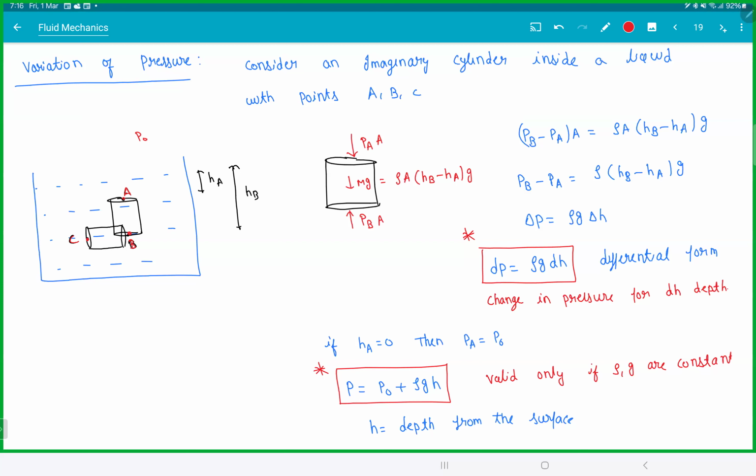Again, if you see, I just drew FBDs. If you observe from the beginning, we are doing nothing but drawing FBDs. So don't think of it like a new chapter. Just think of it as, instead of using force, you're using pressure. Instead of using mass, you're using densities.